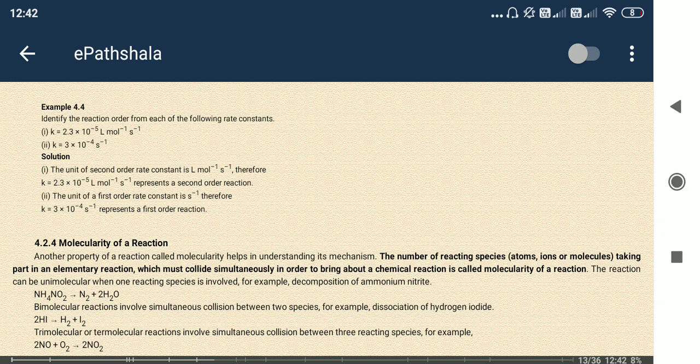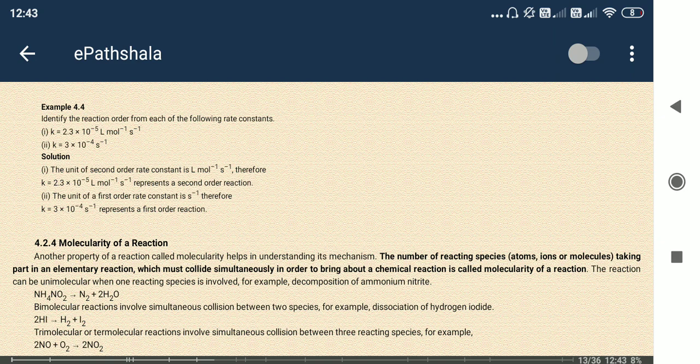For this conversion, how many NH4NO2 molecules are needed? One molecule, so the molecularity is 1. In case of trimolecular, 2NO plus O2: 2 molecules of NO plus 1 molecule of O2, so trimolecular. A total of 3 molecules is needed to complete the basic reaction, so that is the molecularity.